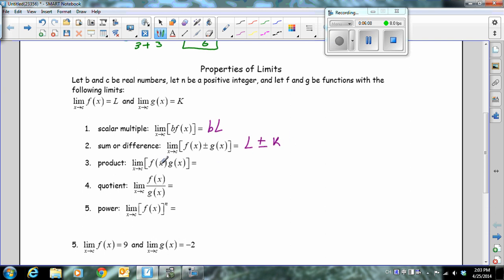The product: the limit of a product of two functions as x approaches the same value c is also the product of their limits, L times K. The limit of the ratio is L over K. The limit of the power would be, since f goes to L, L to the power of n.